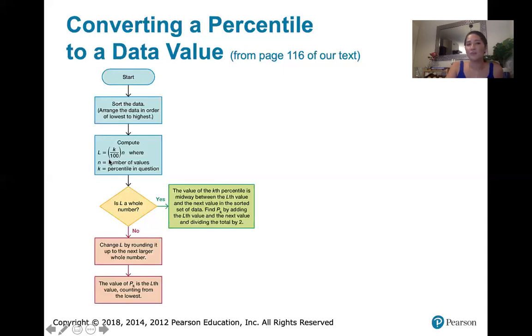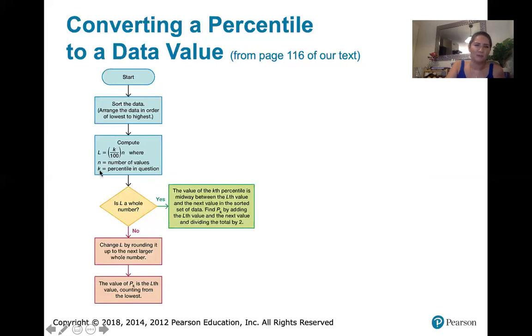So if you're looking for the 25th percentile, you want the value that is 25% of the way through your list of data. So you take that 25% in either decimal form or the form of a fraction, which is what we've got here, this K over 100. K over 100 is the fractional equivalent of that percent.